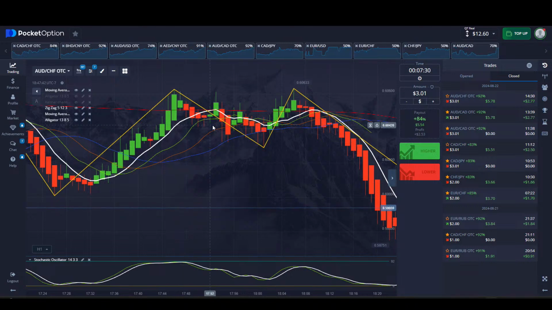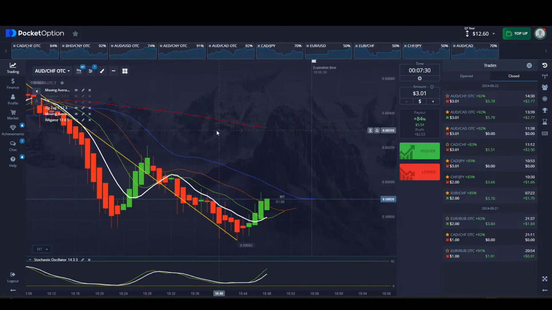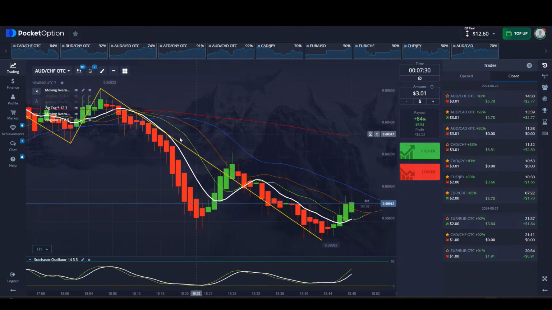And then you'll also notice that when the alligator, the red and the green and the blue, well, you see this green now starts to cross and go down for a downward trend. Now you'll see that the 8 moving average, which is white, starts to reject the candles from proceeding through in the sell-off.